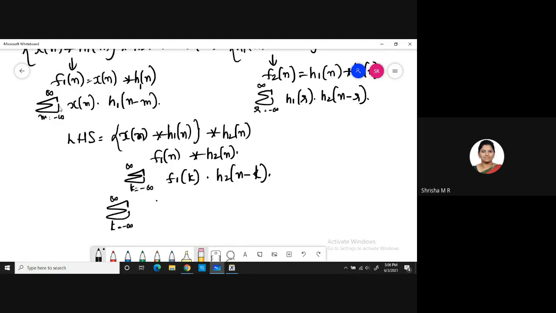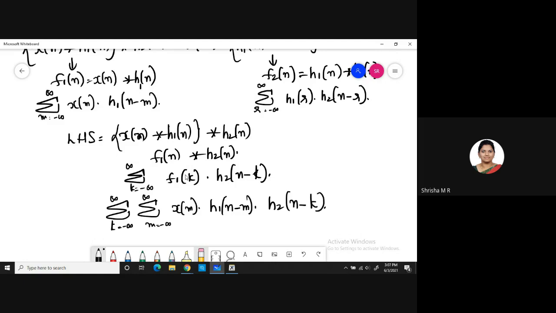So what is f1 of k? It is nothing but f1 of n, where we are replacing n with k. So you have summation m equal to minus infinity to infinity x of m into h1 of n minus m into h2 of n minus k.